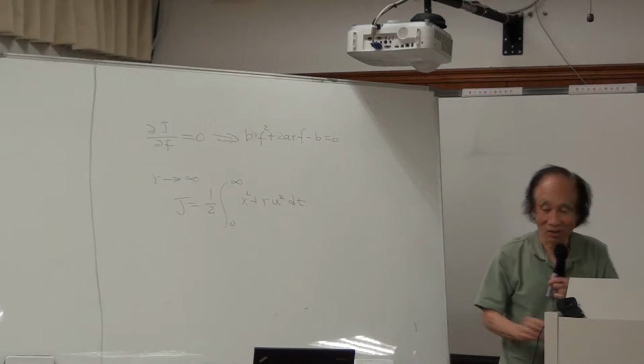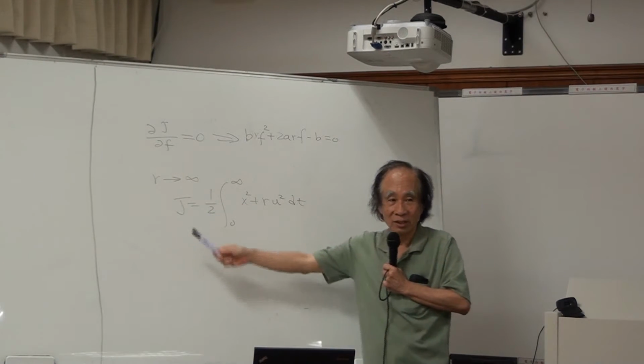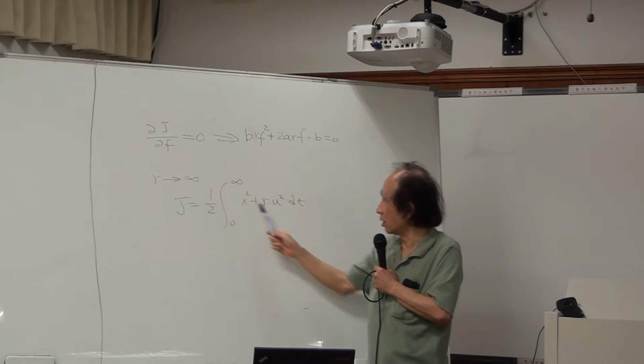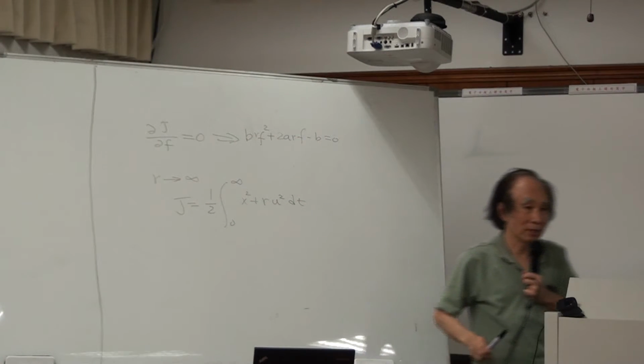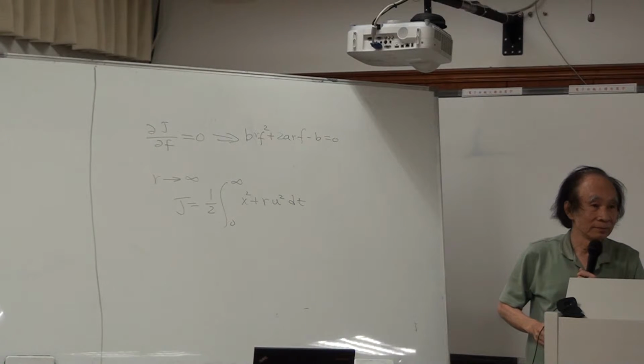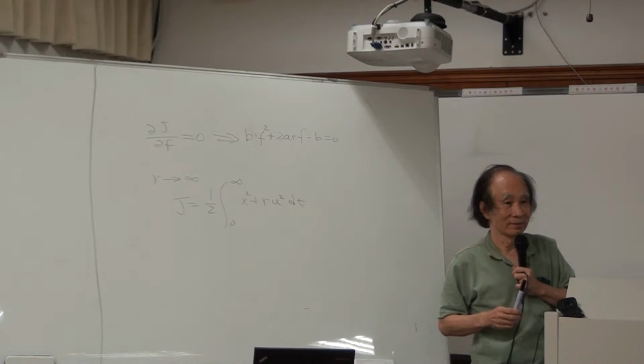Right? So you have to understand R going to infinity means if you have a very large R, not infinity but very large, you expect what? Your control force will be small. Right? Because your F will be small.